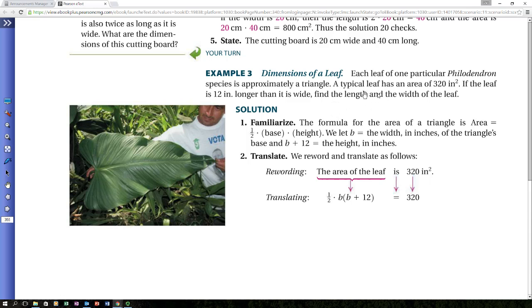So they tell us a typical leaf has an area of 320 inches squared. If the leaf is 12 inches longer than its width, find the length and width of each leaf. So we familiarize ourselves with the area of a triangle formula, which is half base times height, and that equals the area of the triangle.